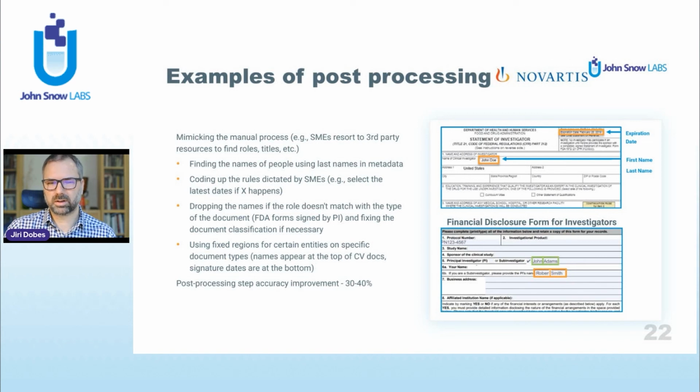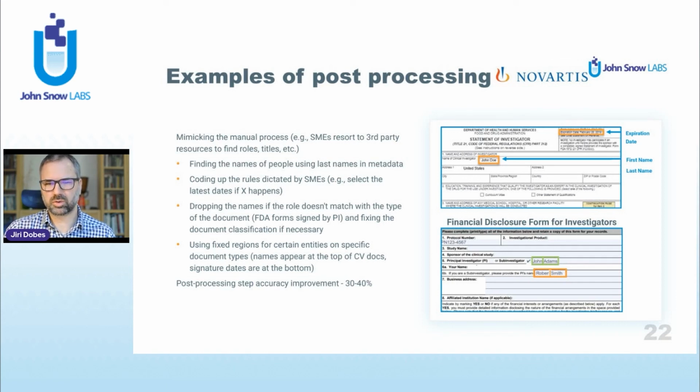There were specific rules which were suggested or specified by SMEs. For example, which date we should select if there are multiple dates, or multiple dates on multiple pages, or there are multiple dates and some other dates already existing in the existing metadata.